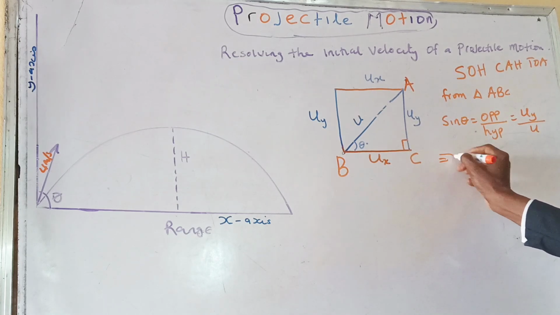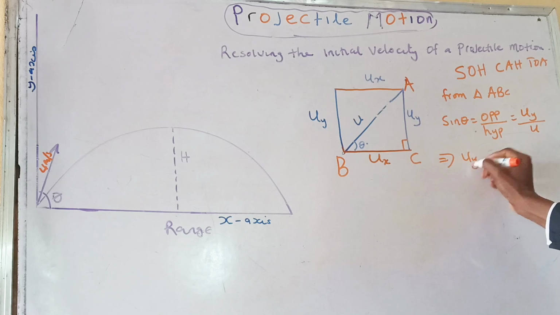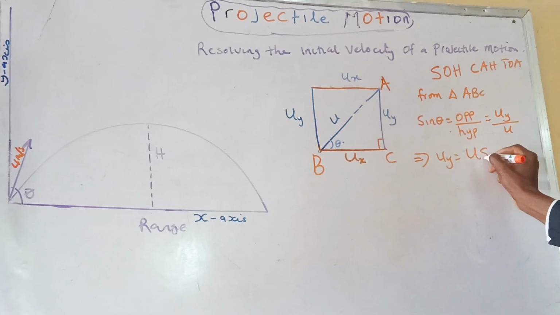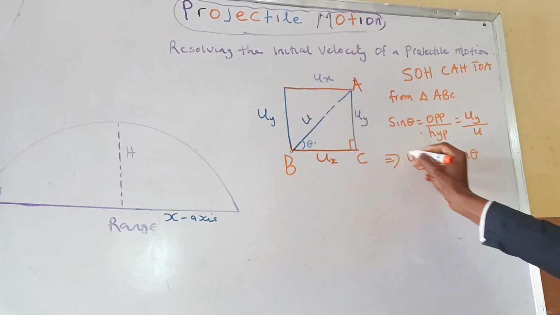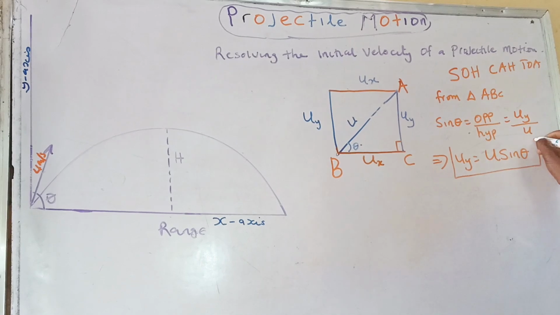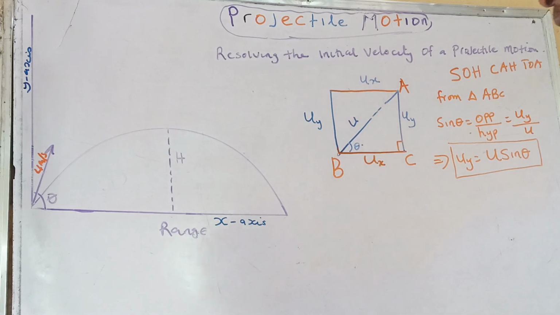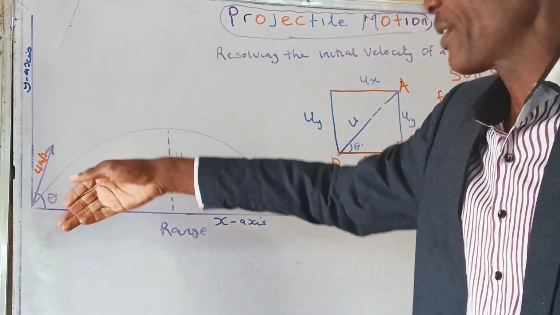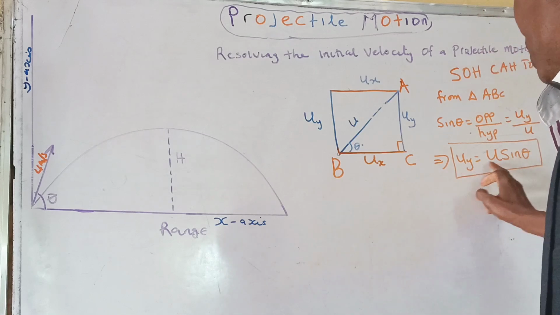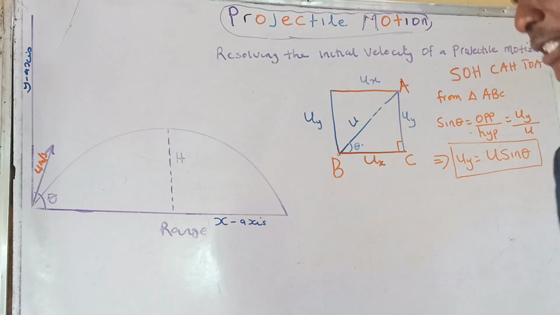This implies that uy is equal to u sine theta. So if I'm dealing with the vertical component of a projectile motion, the initial velocity in that direction will be uy, which is u sine theta.